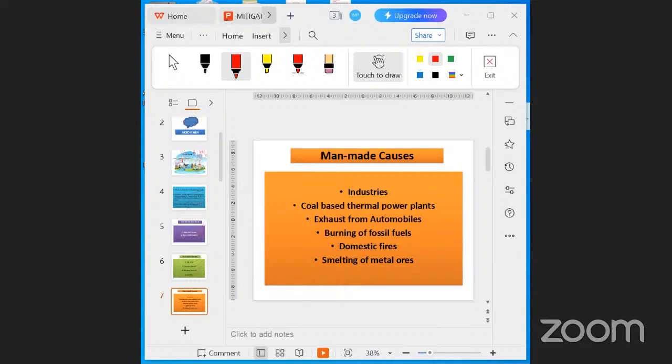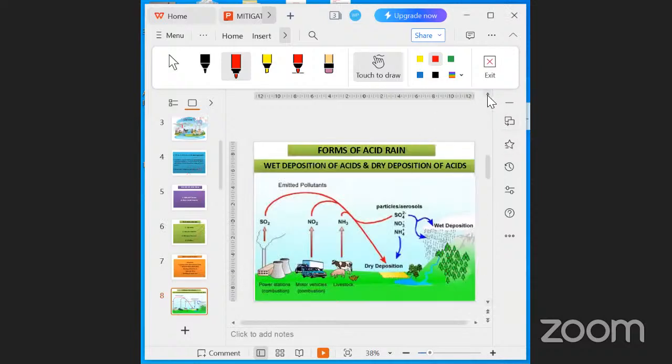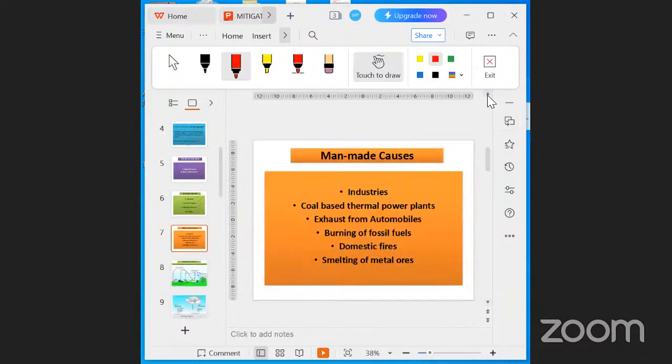Industries means human activities leading to chemical gas emissions such as sulfur and nitrogen oxides. Those are the primary contributors to acid rain, right? Coal-based power plants again emit sulfur and nitrogen oxides.